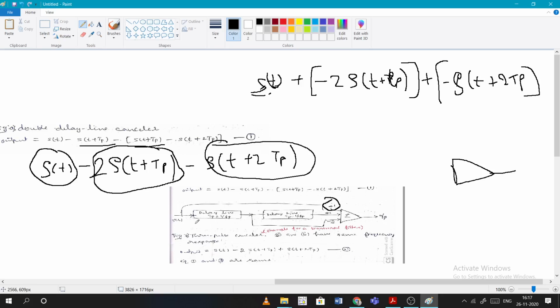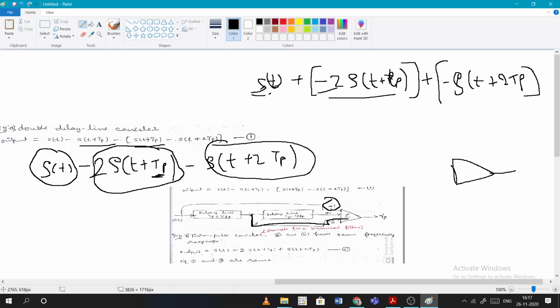Now coming to the second step, that is minus 2 s of t plus tp, the minus 2. So I will use a wire with a gain of minus 2, and this line carries s of t plus tp. This s of t plus tp is after passing through only one delay, that's why only one tp is there, not 2 tp. That means it is after the first delay line.